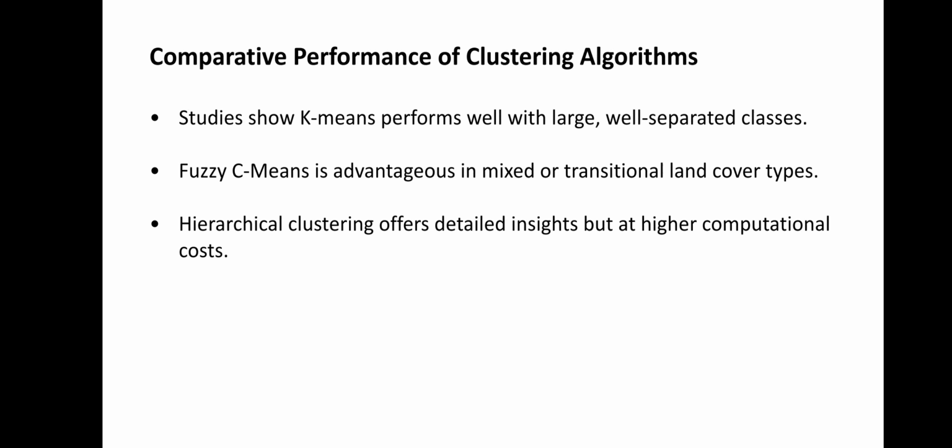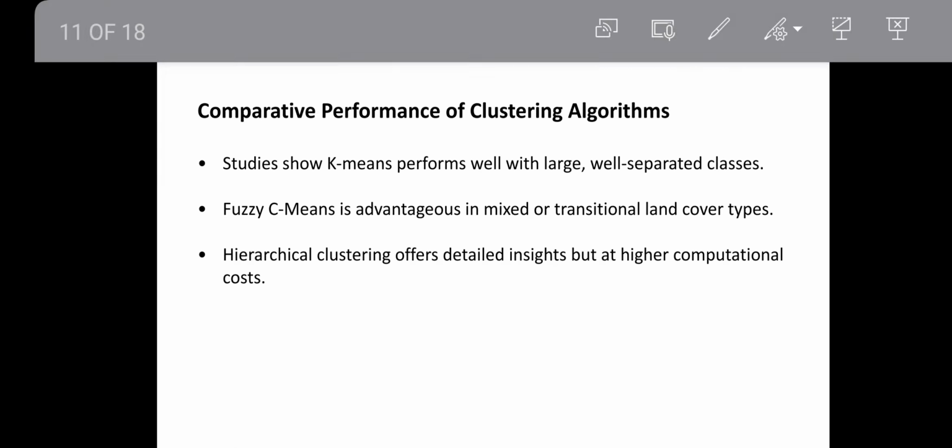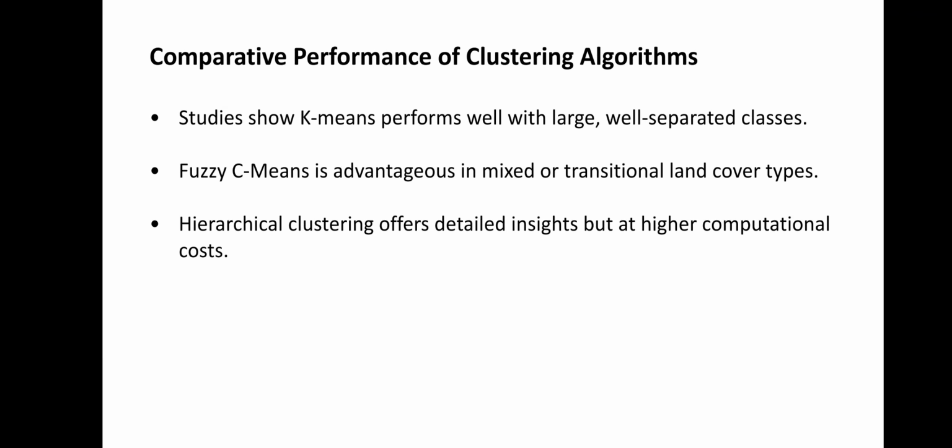And then we have the comparative performance of clustering algorithms. Studies show k-means performs well with large, well-separated classes. Fuzzy c-means has advantages in mixed or transitional land cover types. Hierarchical clustering offers detailed insights but at higher computational costs.